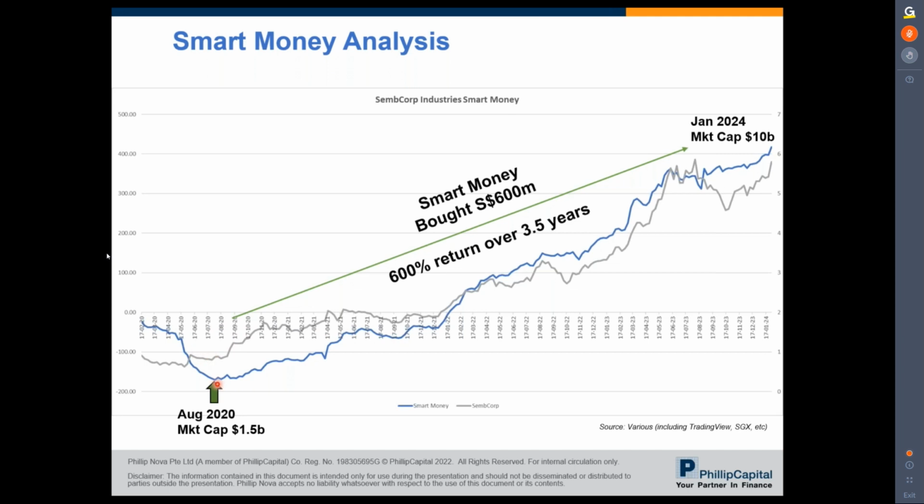But beyond just its divestment in Sembcorp Marine, one of the other key reasons that Sembcorp Industries did so well is really because of the Singapore government's drive towards green energy, right? We all know that soon, I think by 2030, probably all the new cars that we buy will have to be EV cars.